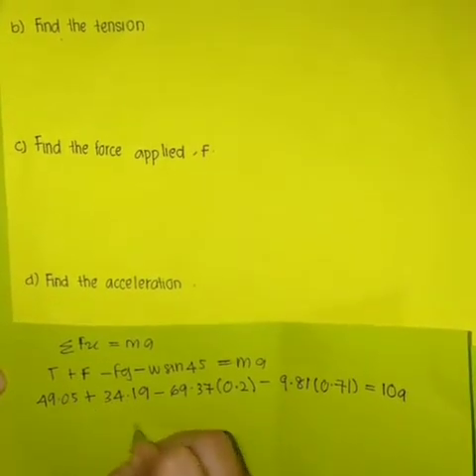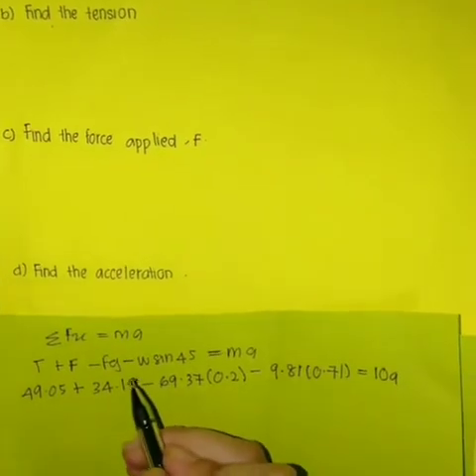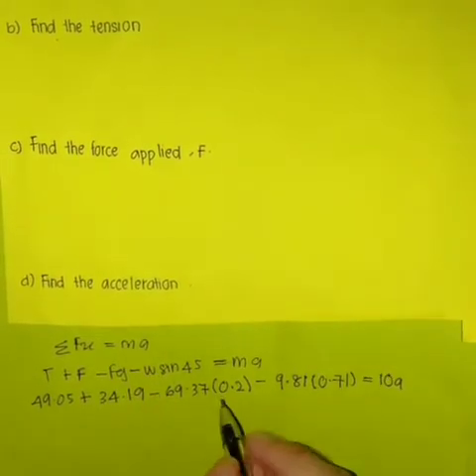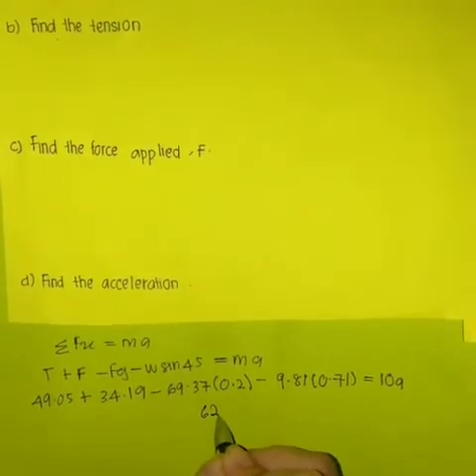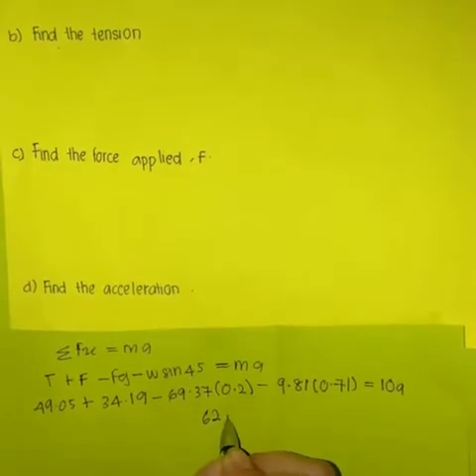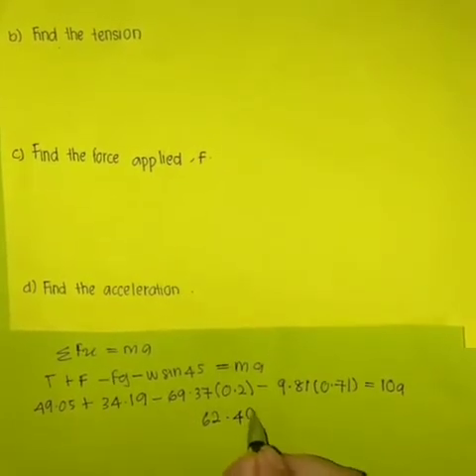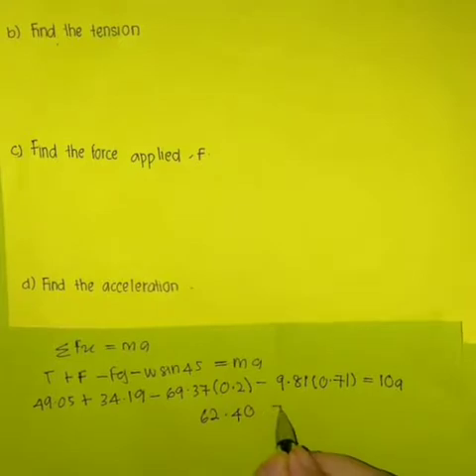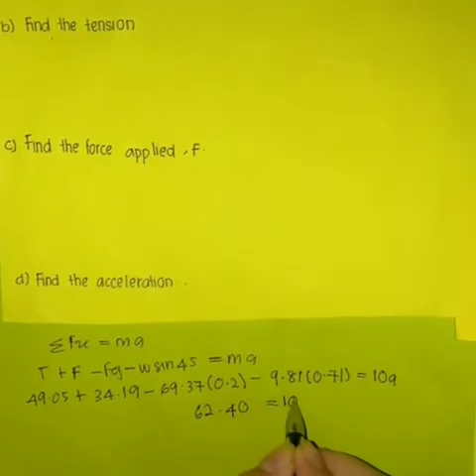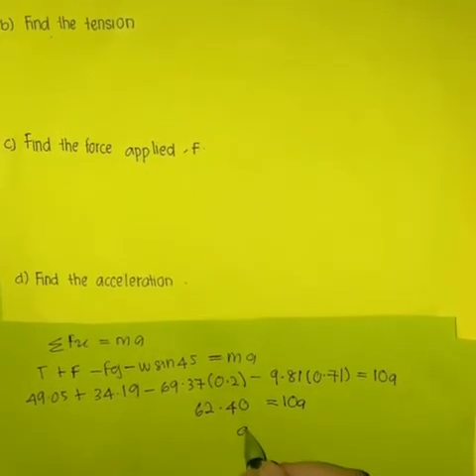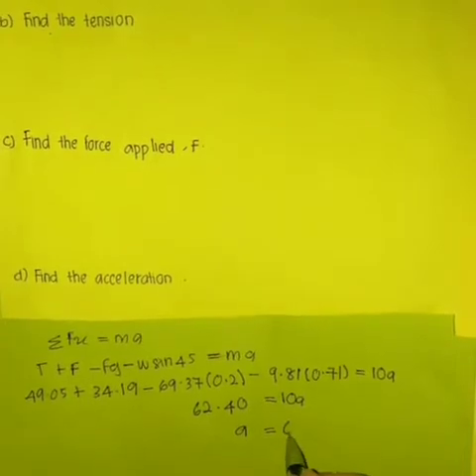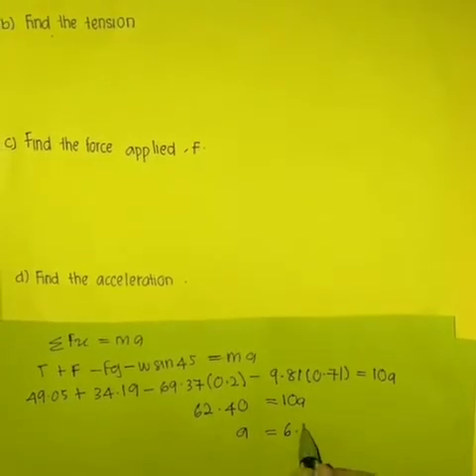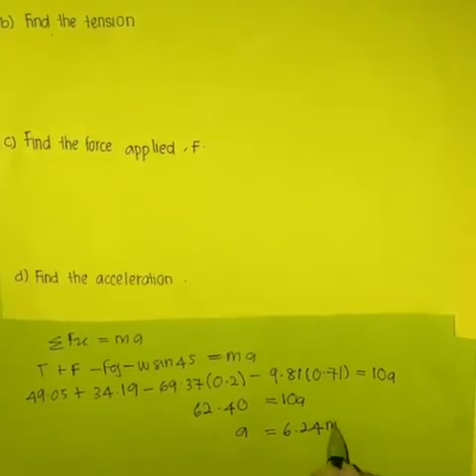So we get for the left side 62.40 equal to 10a, and for the A we get 6.24 ms negative 2.